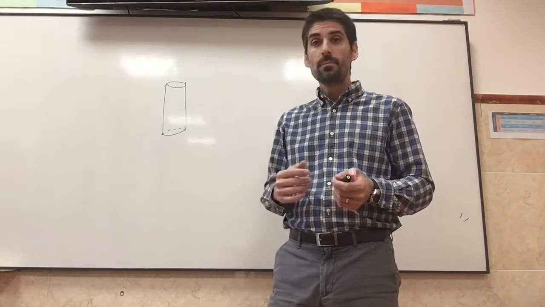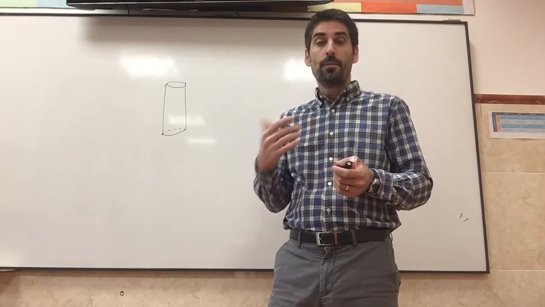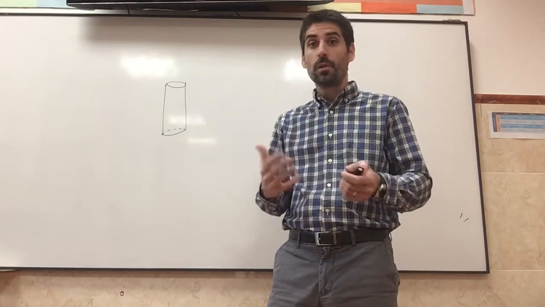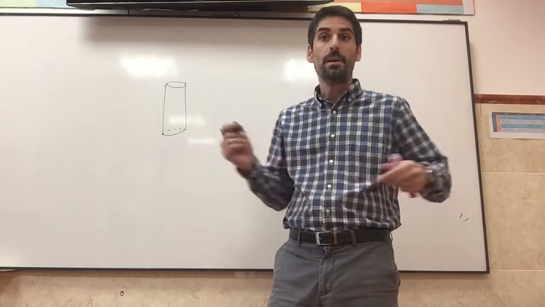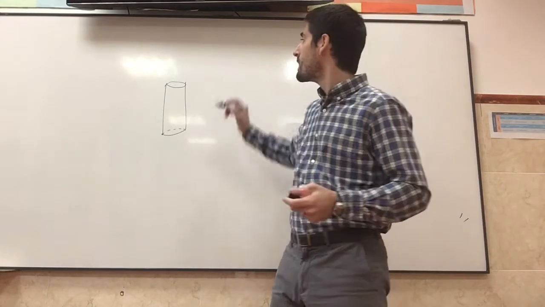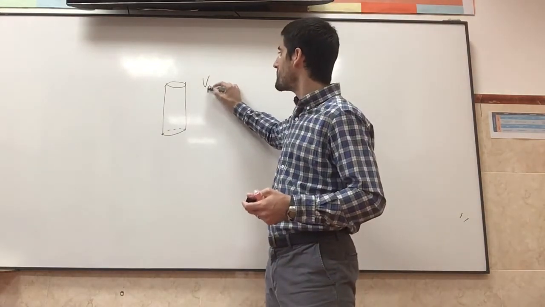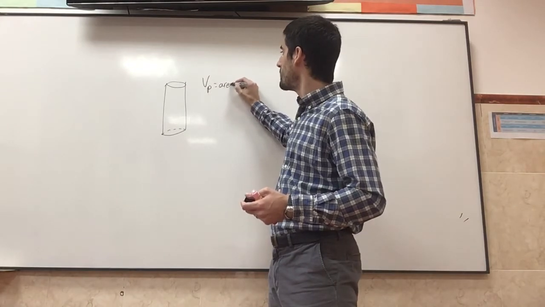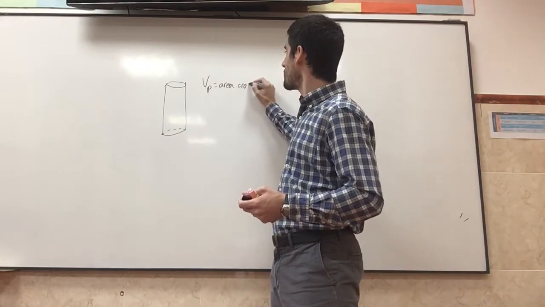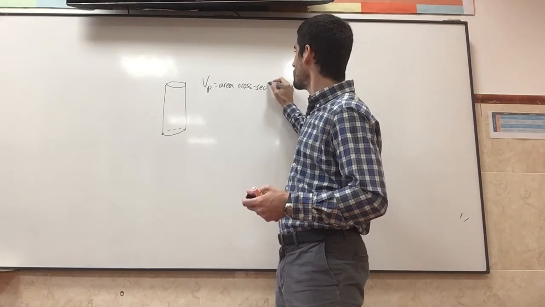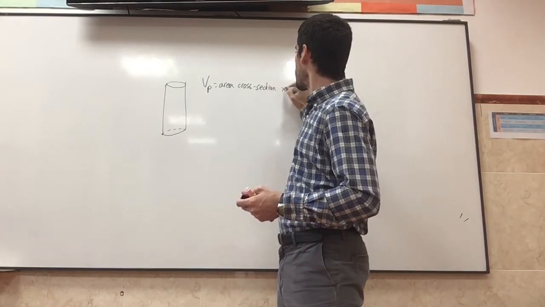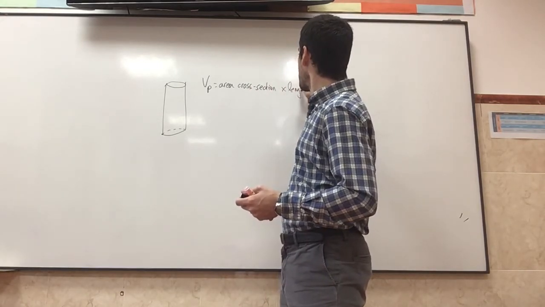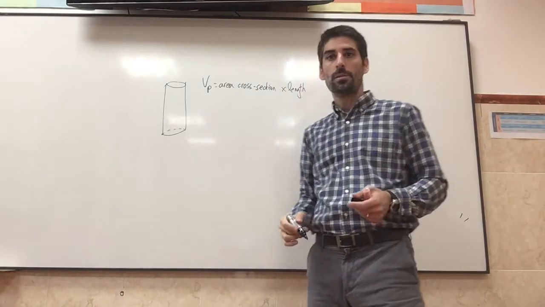So, the volume of a cylinder is the volume of a prism. Any prism is worked out in exactly the same way. So the volume of a prism is the area of the cross section times the length of the prism.